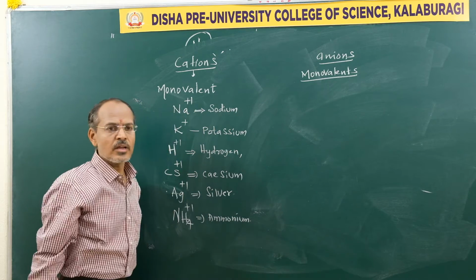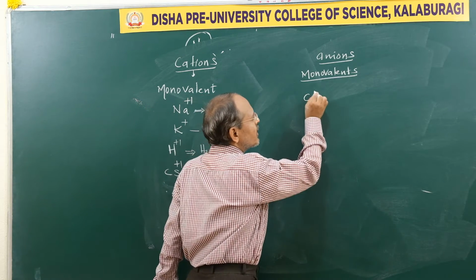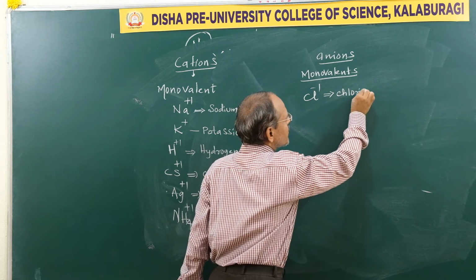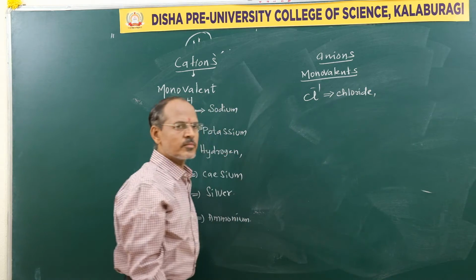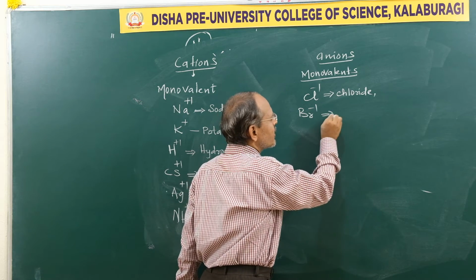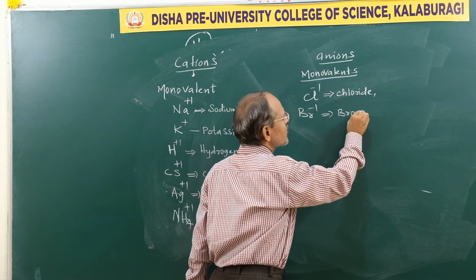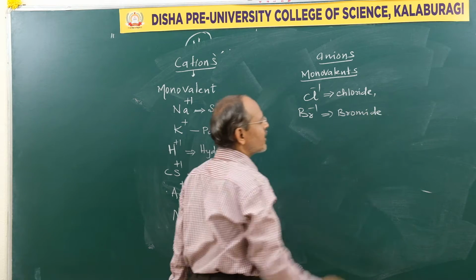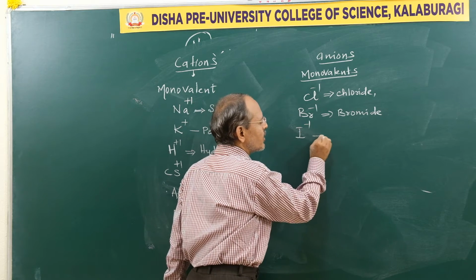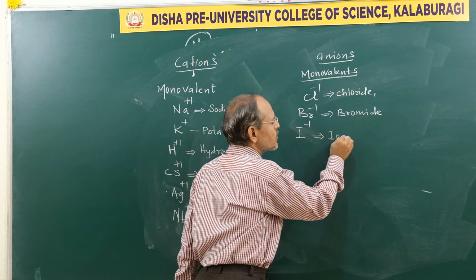Monovalents. Here Cl minus 1, that we call chloride. Br minus, bromide. I minus 1, iodide.